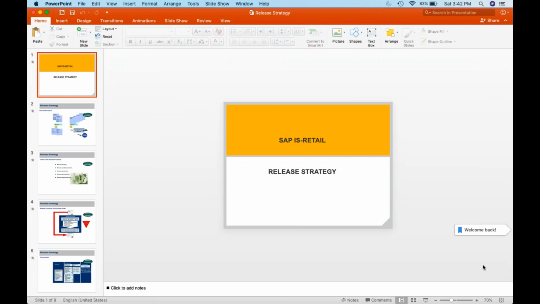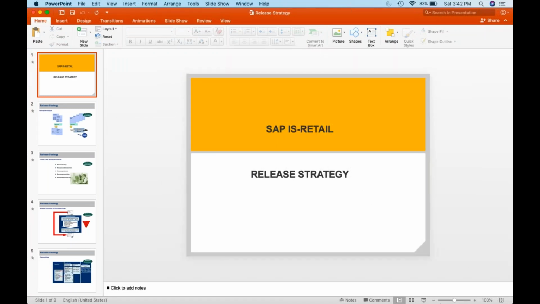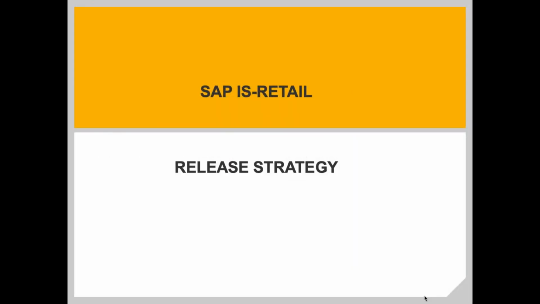Okay, today we will see about the release strategy. So what is this release strategy? When you raise purchase orders and you want to have control on your procurement, what do you do? You want to limit every procurement, you want to have control over the procurement. That's the objective.